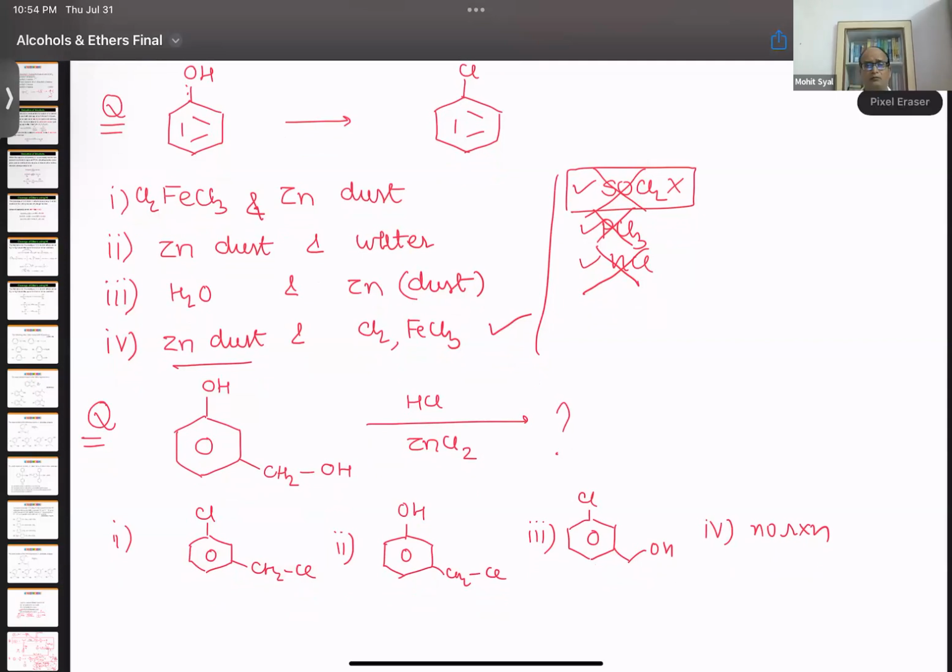It can't be the third one, that's obvious. So is it the second one? So which alcohol is more reactive, the one connected to benzene or the one connected to normal carbon, the outside CH2 or the benzene?